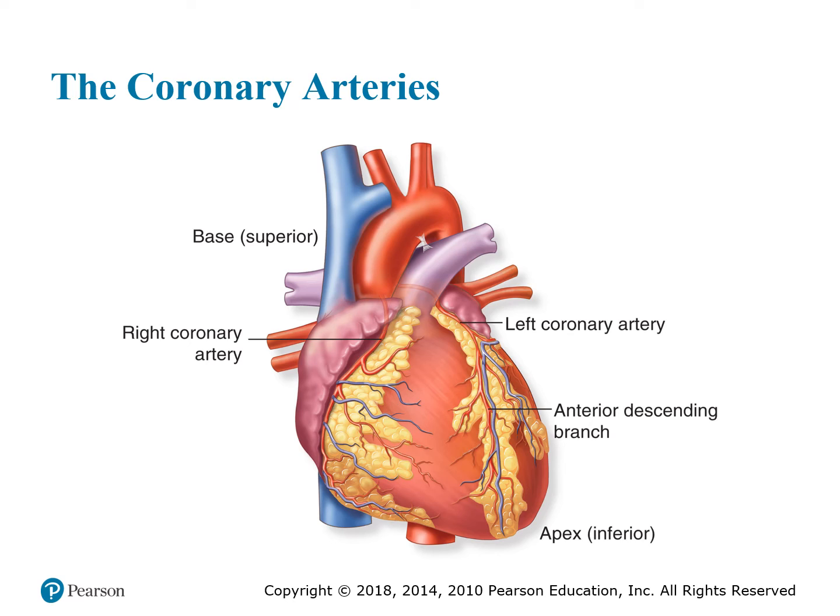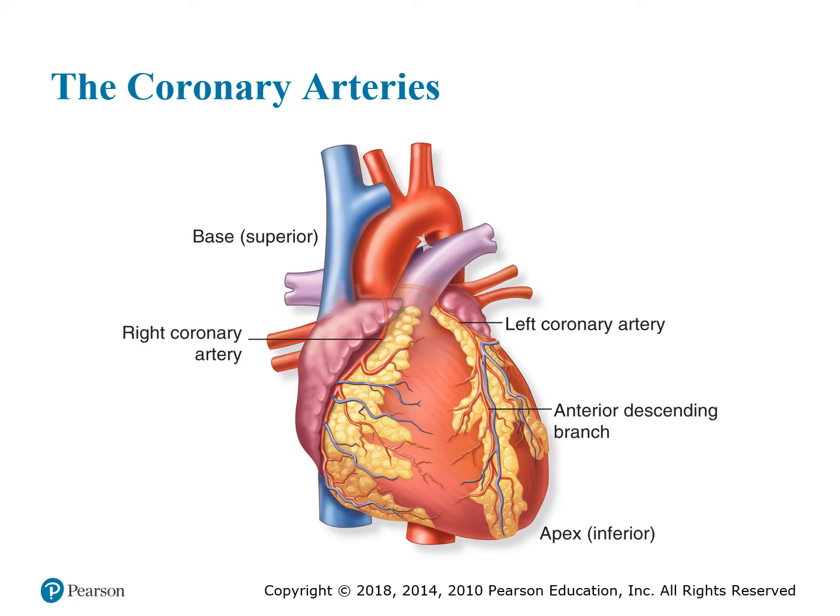Now, the left coronary artery perfuses the left side of the heart with good oxygenated blood. So we give oxygen and nutrients to the left side of the heart from the left coronary artery. The right coronary artery perfuses the right side of the heart.